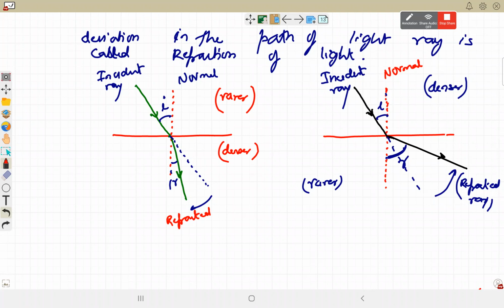Fine. So refracted light ray is always bent towards the normal when it goes from rarer to denser medium.